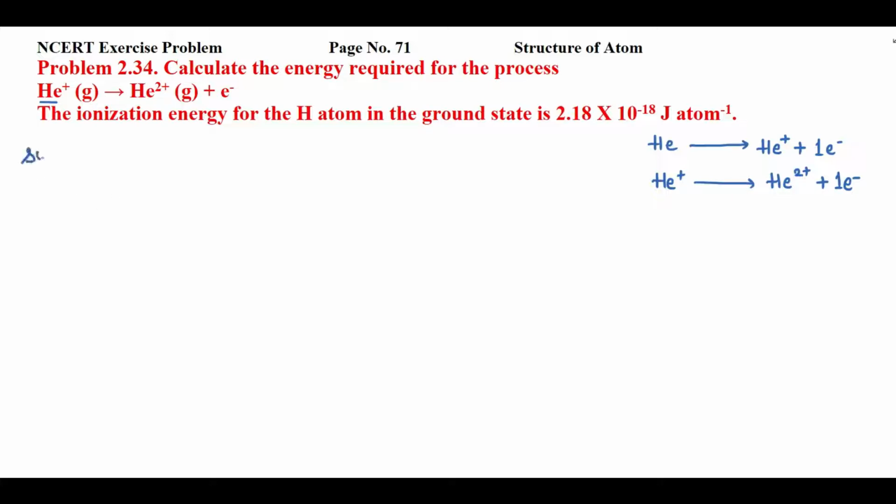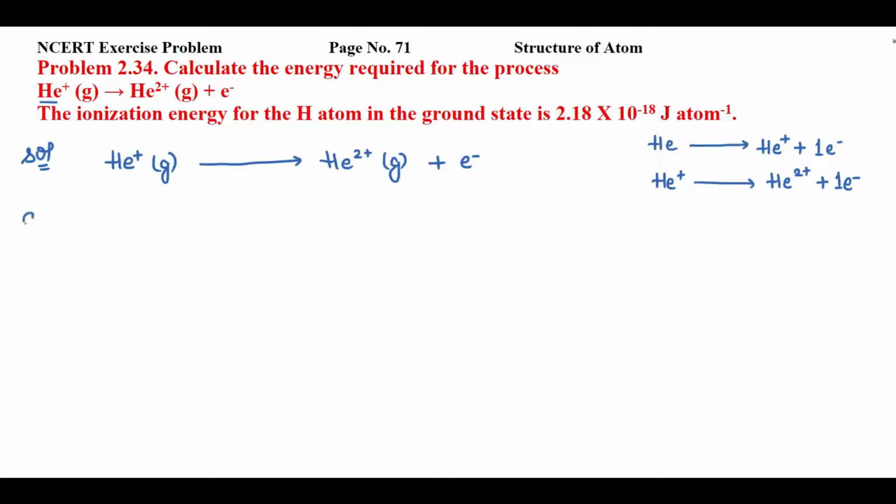So for this question, we have to remove the electron from the first orbit and excite it to the infinite orbit, right? So you can write over here, your reaction is He⁺(g) gives rise to He²⁺(g) plus electron. That means this electron you have to excite up to the infinite orbit, right?